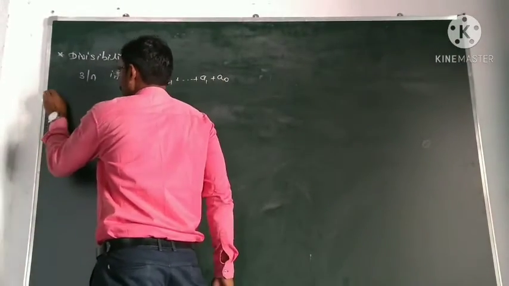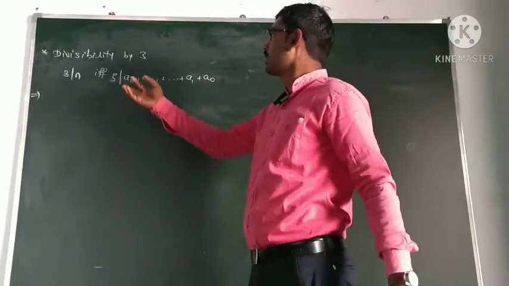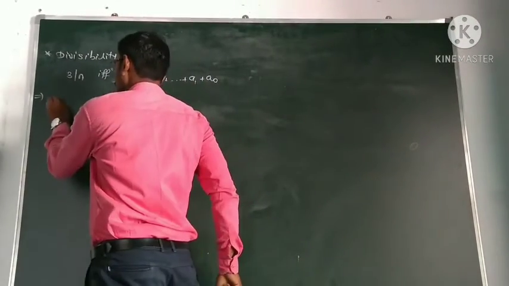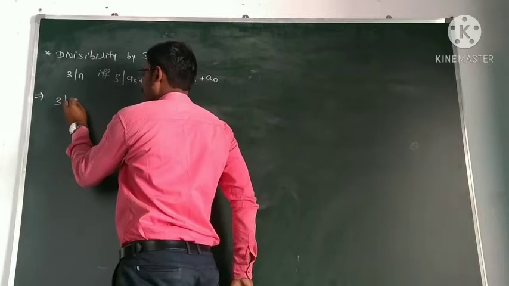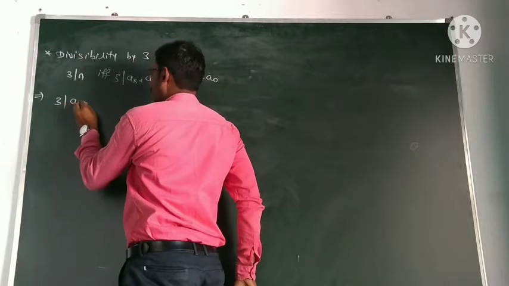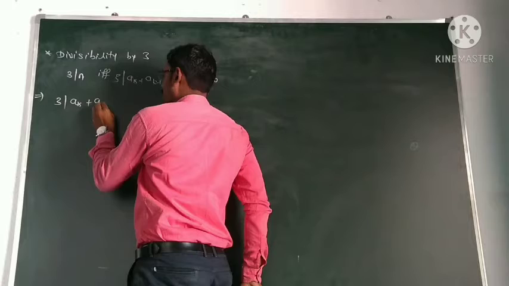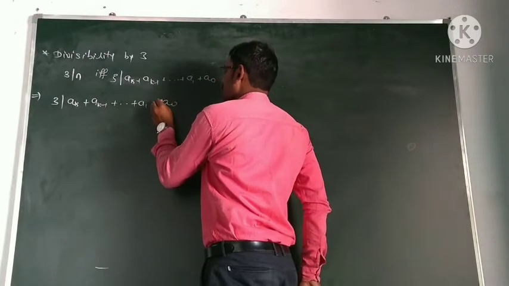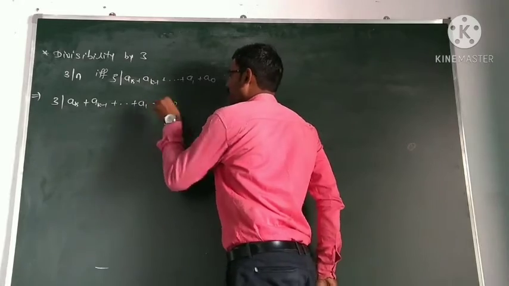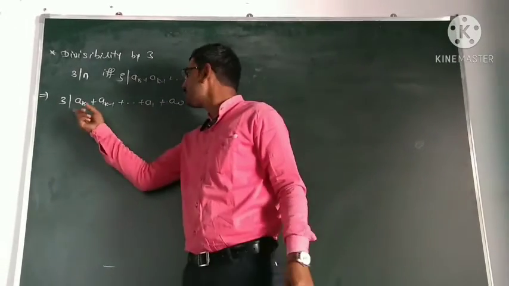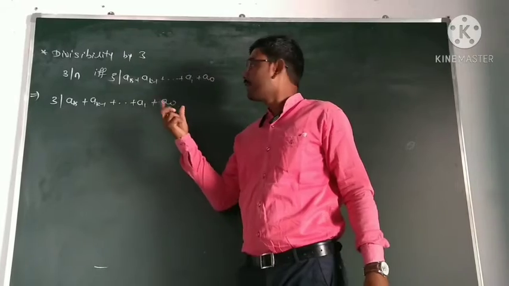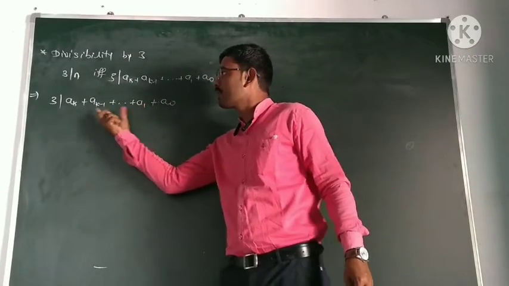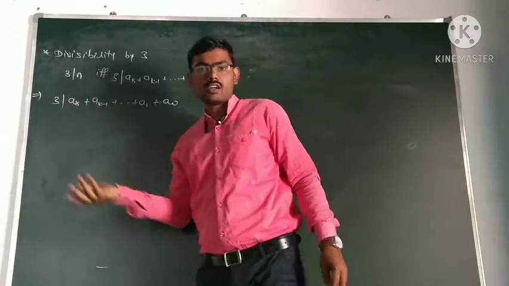Proof. Let 3 divide the sum ak plus ak minus 1 up to a1 plus a0. Now since 3 divides this sum, this sum is a multiple of 3 by the definition of divisibility.